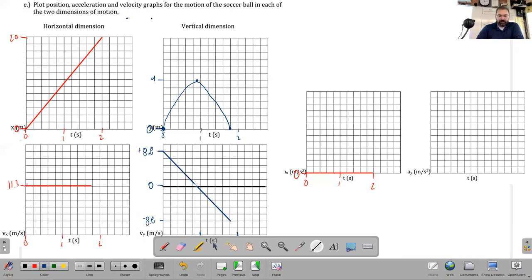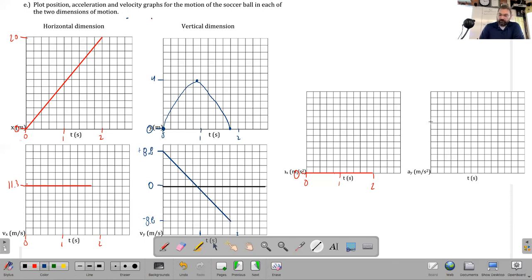The slope of this line is g, negative 9.8 meters per second squared. The velocity is positive. It decreases to a velocity of 0 at a time of 0.9 seconds. That's when it's at the apex. This is the vertical velocity, and then the velocity becomes negative and ends up at negative 8.8 meters per second at a time of 1.8 seconds.